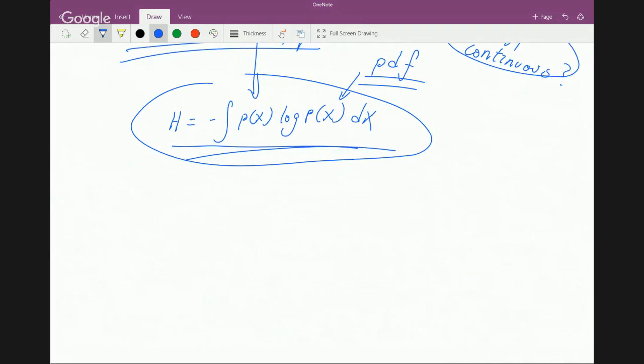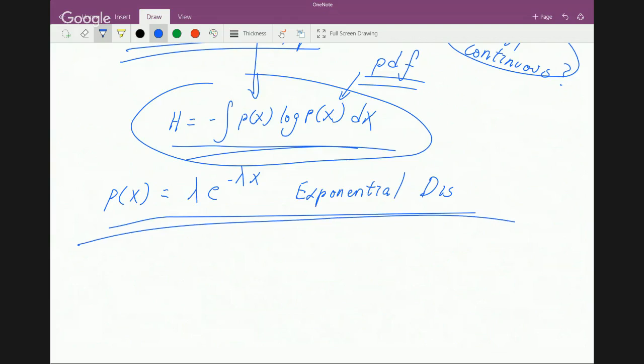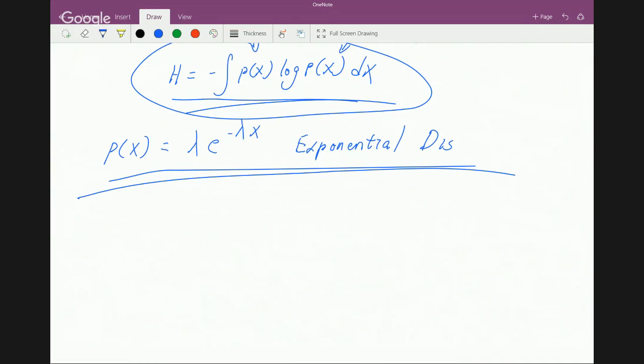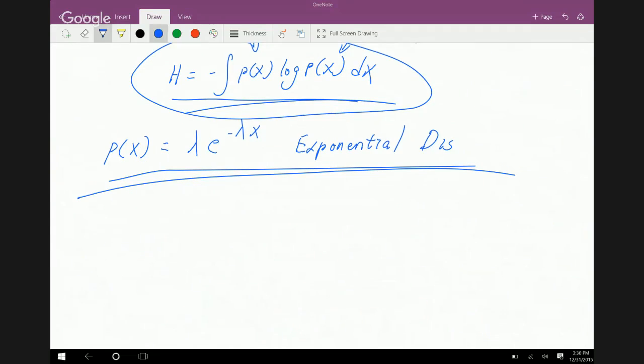So let's do a very quick example of how to do this. Let's say we have probability of x. We'll do the exponential distribution. This is a good one. Now, if we want to find the entropy, differential entropy, it will be like this.